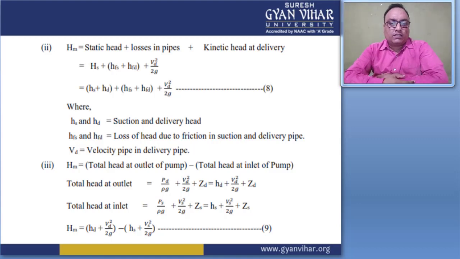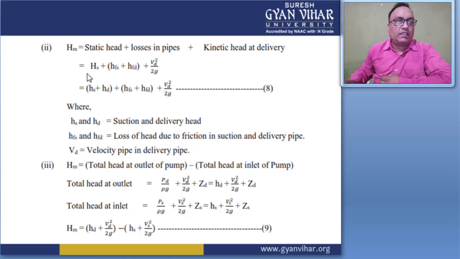These are some different kinds of heads. This is Hm: the static head plus losses in pipes plus the kinetic energy at the delivery. So Hm equals Hs plus Hd plus hfs plus hfd plus Vd square by 2g. This is equation number 8.